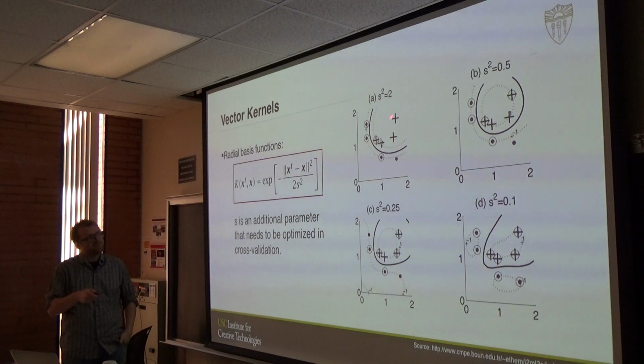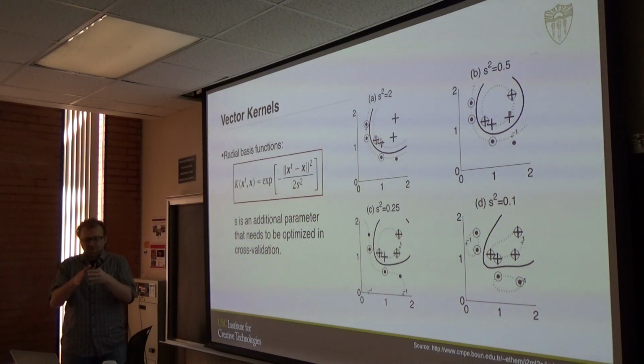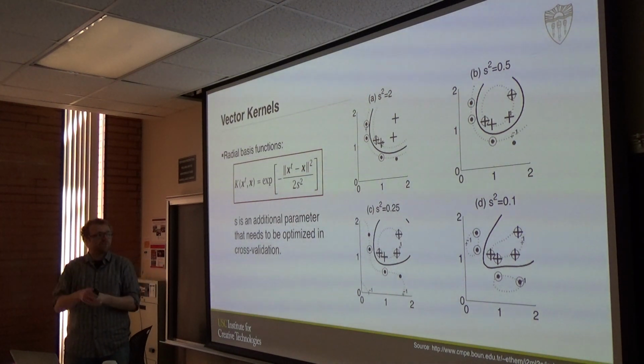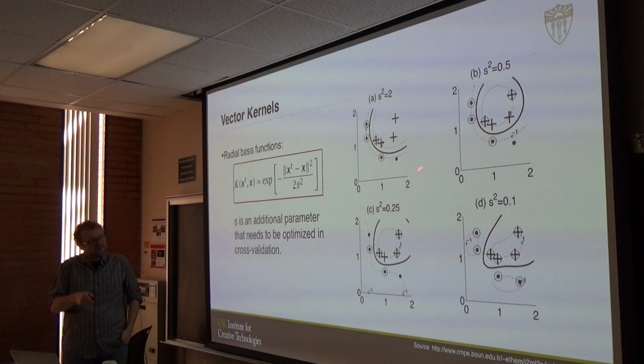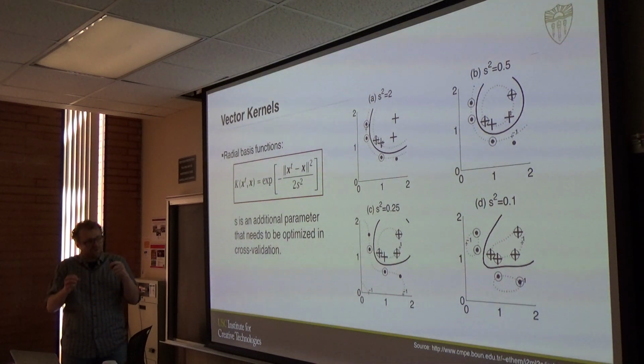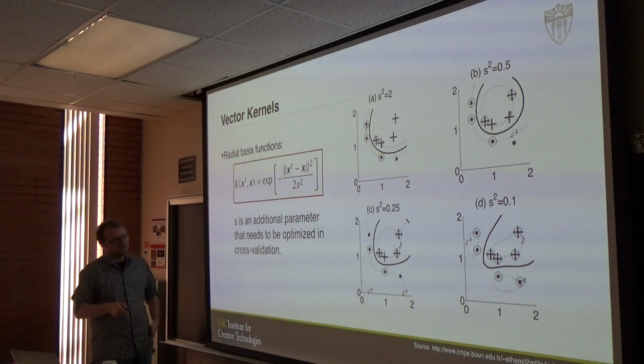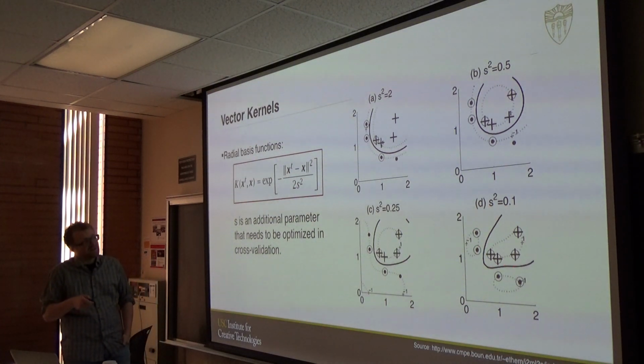If we choose this to be very large, we allow these two data points to be very far apart from each other, and if we make it gradually smaller and smaller, we can learn more and more complicated separation boundaries. In this case, for example, it's a nice round curve, averaging out across all these support vectors.